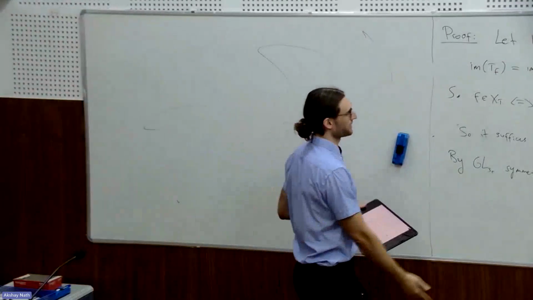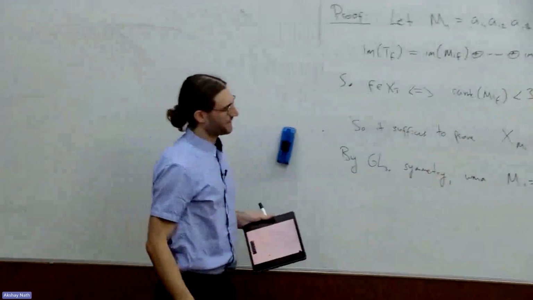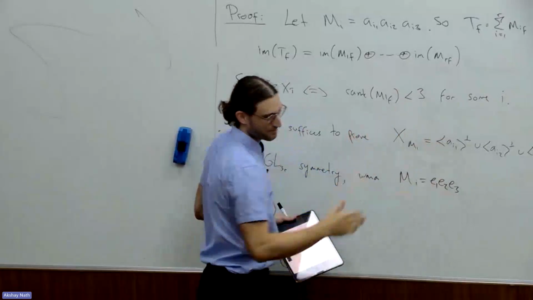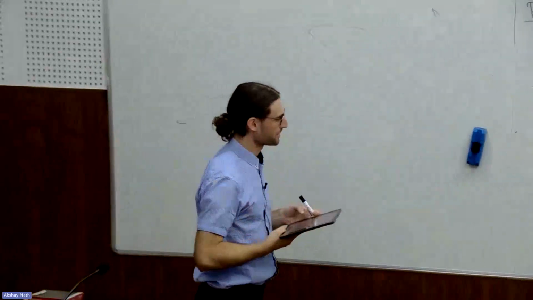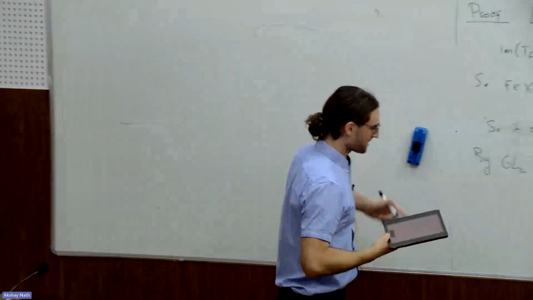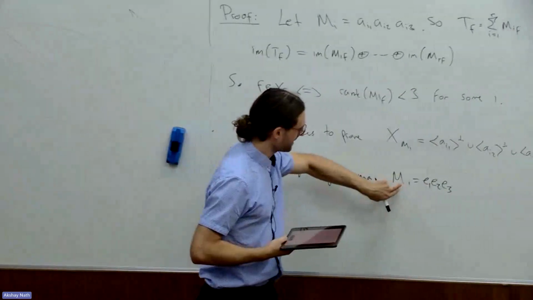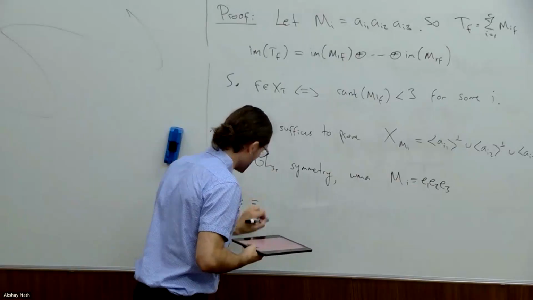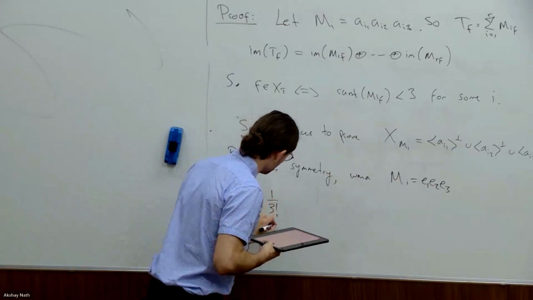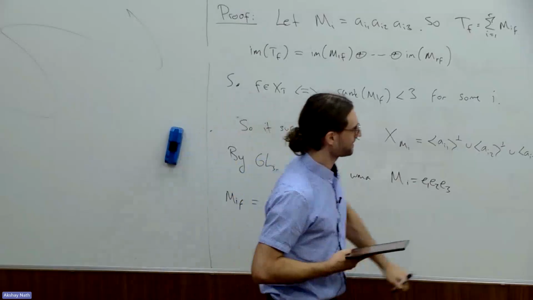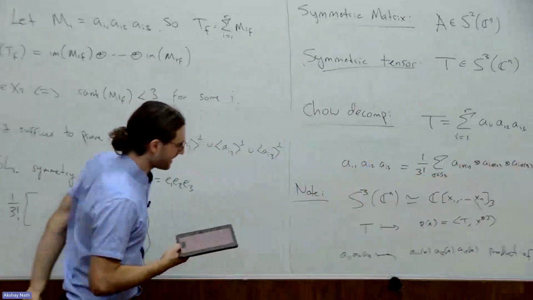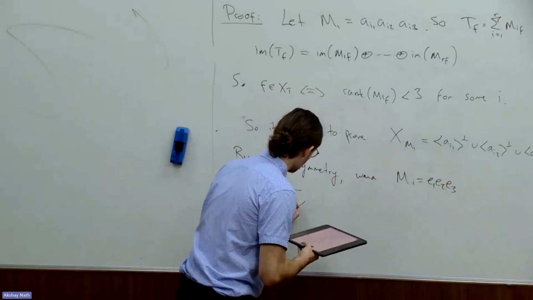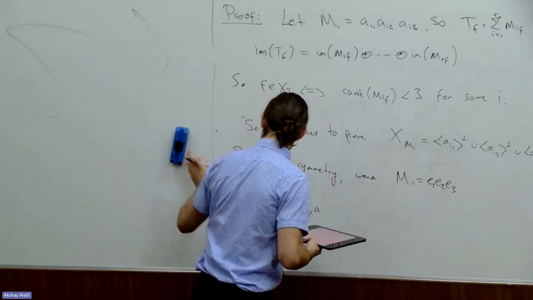These are three linearly independent vectors, so I can find an invertible map that sends A_i1 to E1, A_i2 to E2, and A_i3 to E3, and doesn't mess anything up. Let's see what we get when we contract M_i by f. We have a 1/3 factorial, and now I'm taking all these terms. For example, the first term is going to be the inner product of f with E1.